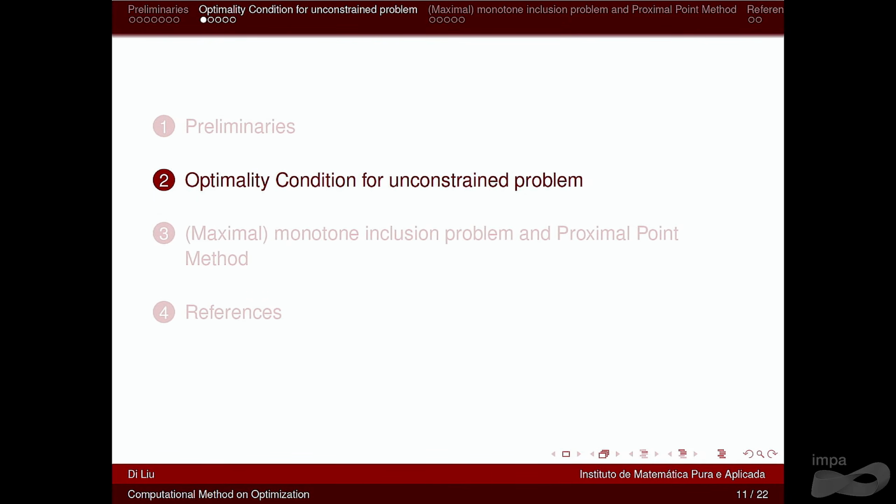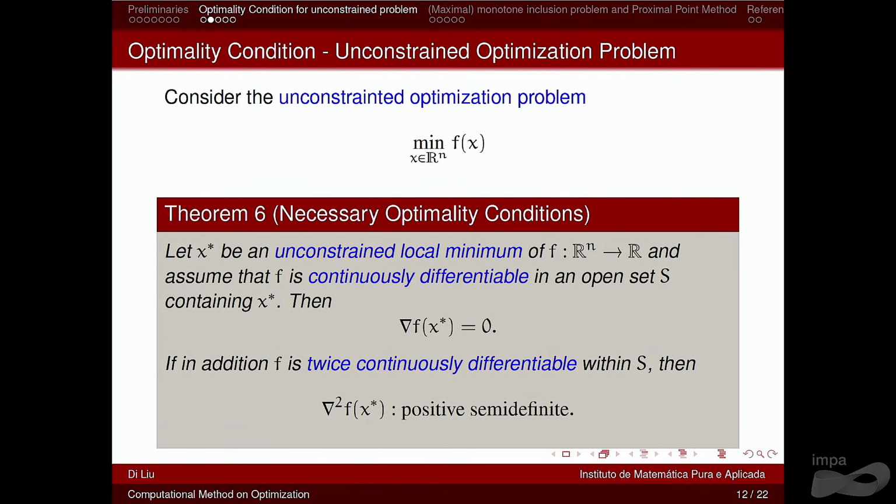Okay. So we go to the first topic of today, the optimality condition for unconstrained problems. Okay, a simple problem in optimization is we want to minimize the function f with no restriction, which means your feasible set is the whole space.